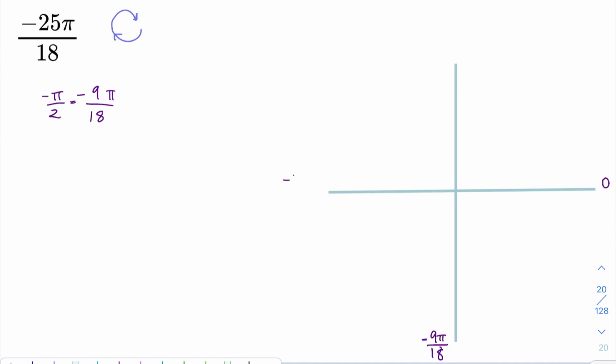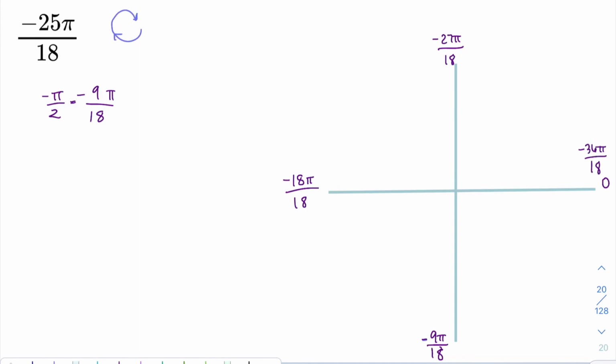But because they all have pi and they all have the same denominator, it's really just a matter of saying, okay, negative 9, minus 9, negative 18, minus 9 is negative 27 pi over 18, my apologies. And then 9 over 18 more is going to be negative 36 pi over 18.